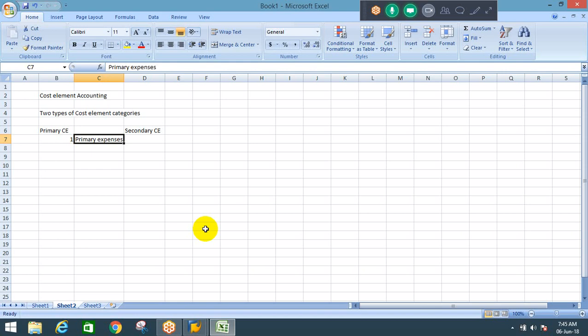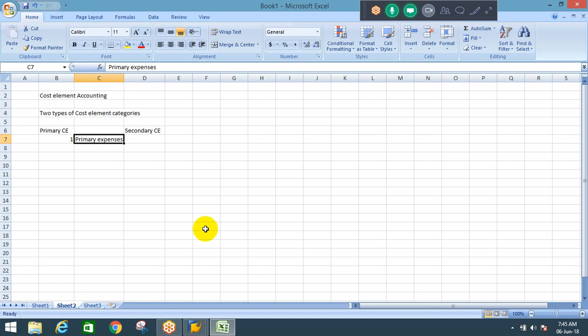If you want to flow those expenditure values to the CO module, you need to create those GL accounts as cost elements with cost element category 1.